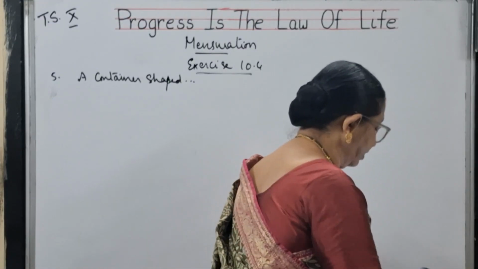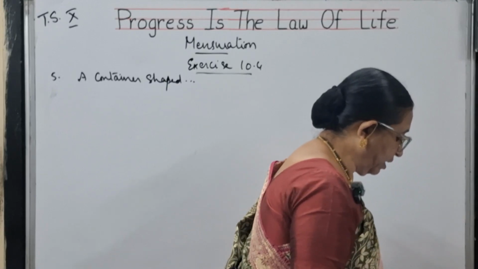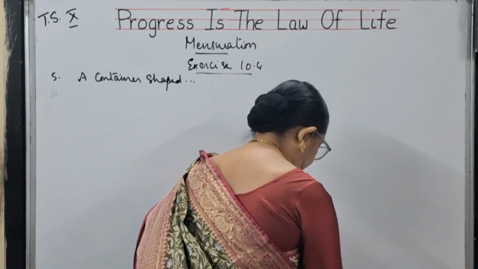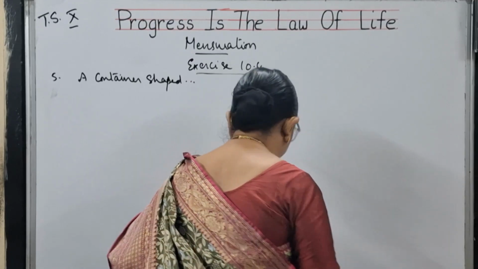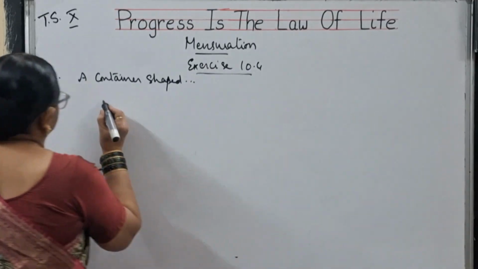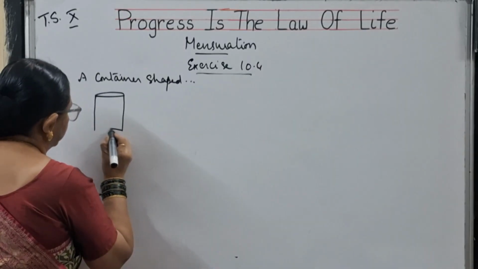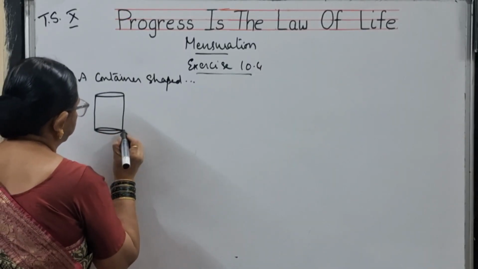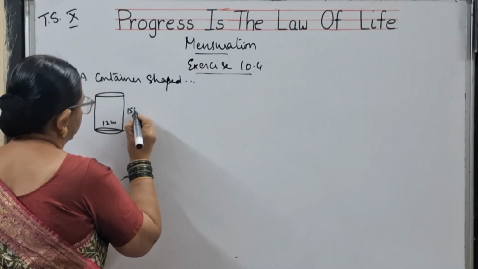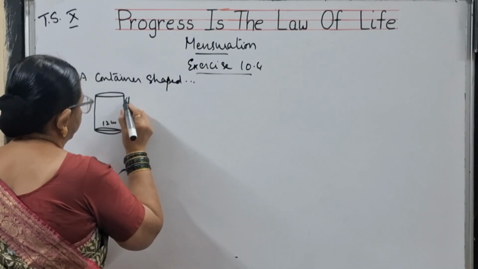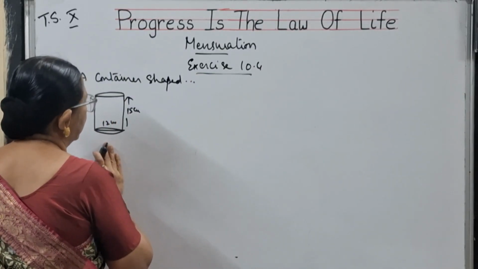So, what is the content that they have given to us? They have given a cylindrical container which is having diameter 12 centimeters and height 15 centimeters. This has got filled with ice cream.